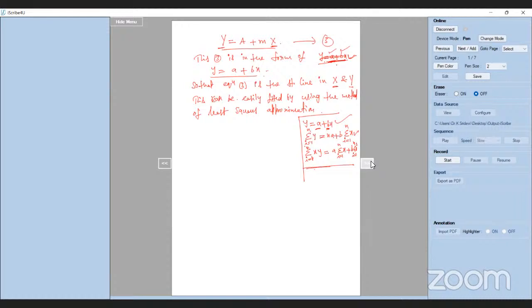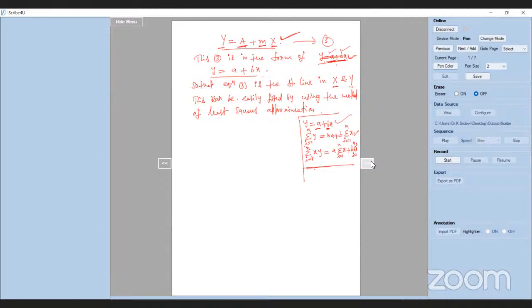Now, coming to here, y is equal to a plus mx. This is in the form of y is equal to a plus bx. How many normal equations will be there for this one? Only one. Why? Here capital A is the only parameter in this one. And what about m? It is not a parameter from the hypothesis. It is a fixed number.